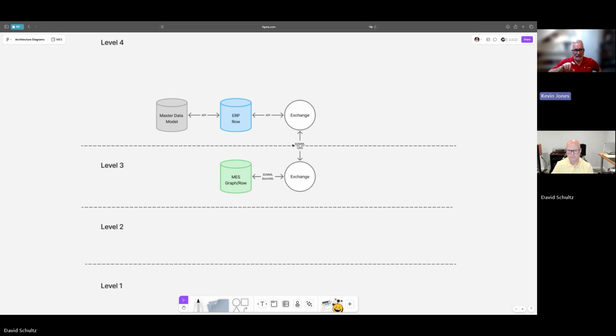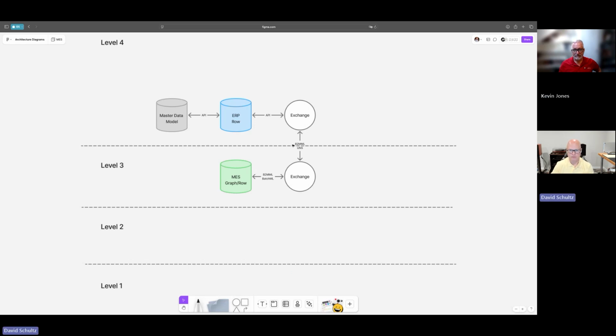With that said, then the ERP should already be consuming and using that kind of structure. That's usually where the master data model is defined first, but then you're communicating that into the exchange of the data. So that data is exchanged within that structure. And then now that we've come down into level 3, you're still continuing this idea of that master data model, the structure of the data and the models of the assets and equipment, into the MES as well. Is that fair? Yeah, absolutely.